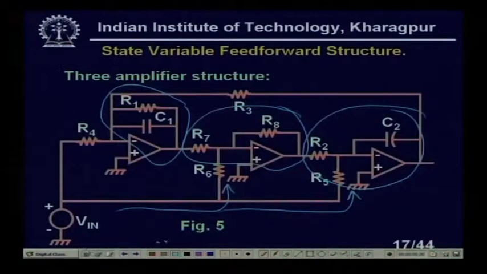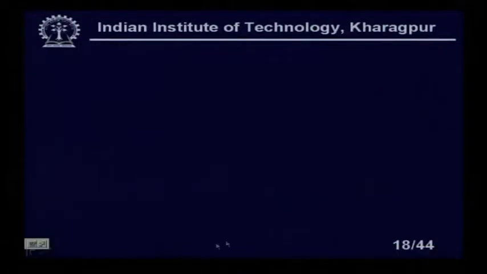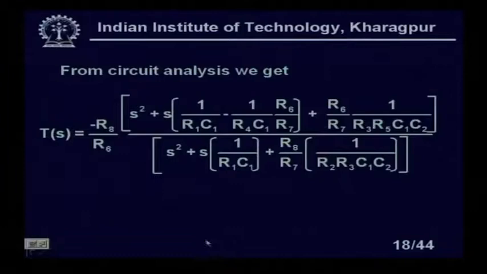Now, the design equation looks like this. From the circuit analysis we can say that the transfer function has numerator minus R8 by R6 S square plus S times 1 by R1 C1 minus 1 by R4 C1 times R6 by R7, plus 1 upon R3 R4 C1 C2, over S square plus S times 1 upon R1 C1 plus R8 by R7 times 1 upon R2 R3 C1 C2, right.